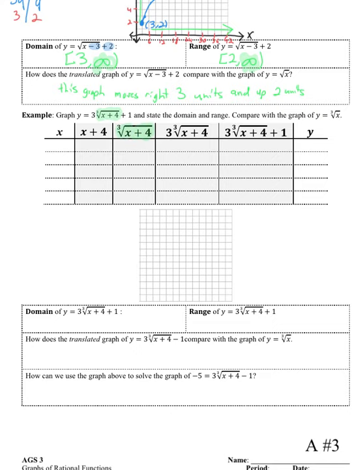So I want to start here with just the cube root of the whole quantity. This is where I want to start with the values that I had before. Actually, we'll do a little bit more in the center here. We'll skip the negative 27. We're going to go negative 8, negative 1, 0, 1, and 8.